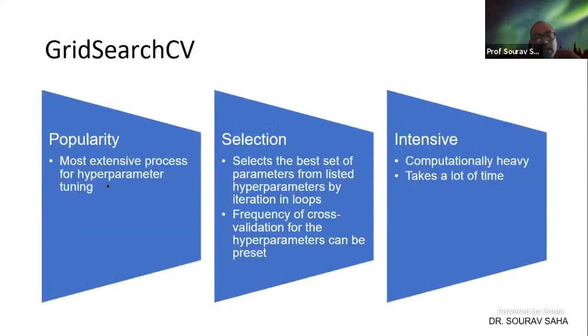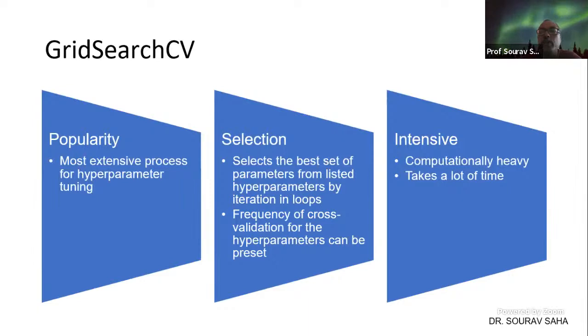So grid search CV, or grid search cross validation, is one of the ways in which you do hyperparameter tuning. What it does is extensively search across all the hyperparameters for the best combination.